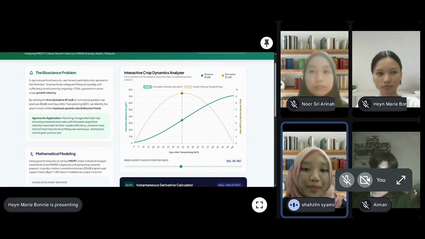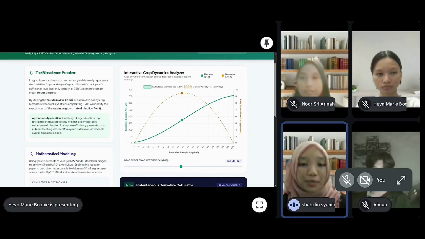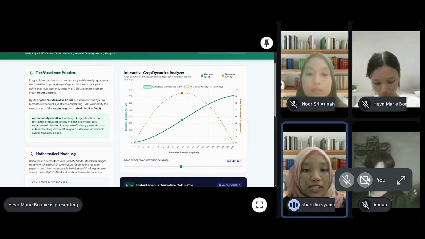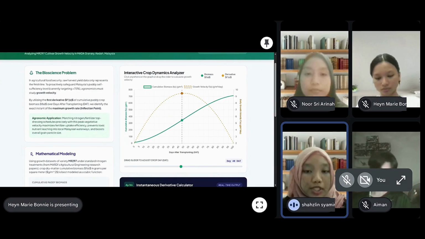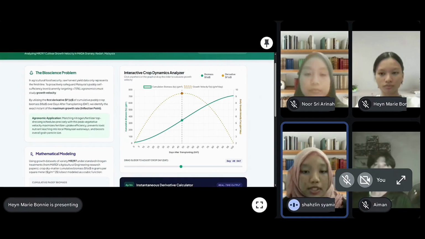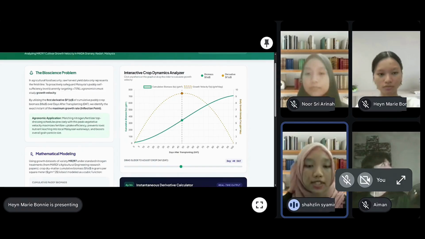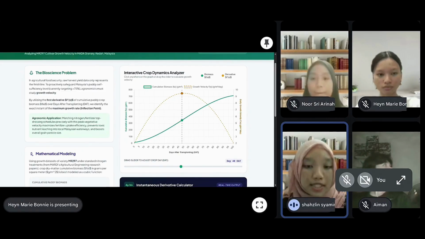agricultural food security. Relying purely on raw harvest yield data only represents the finish line. To proactively safeguard Malaysia's paddy self-sufficiency level, which currently targets greater than 75%, agronomists cannot just look at the final weight.